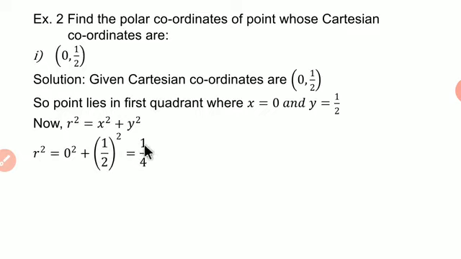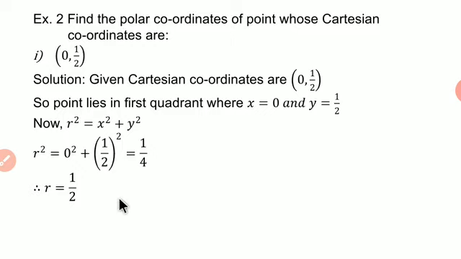And since r square is 1 by 4, r is equal to 1 upon 2. We consider here only the positive value because r is the distance of the given point from the origin, means it is the length, and length is always positive. Now we get value of r as 1 upon 2.